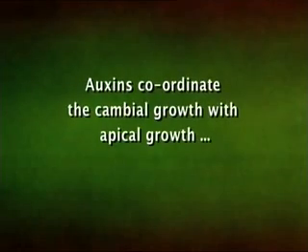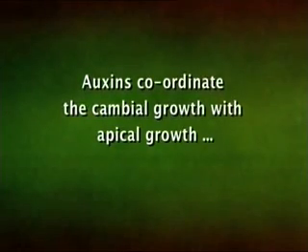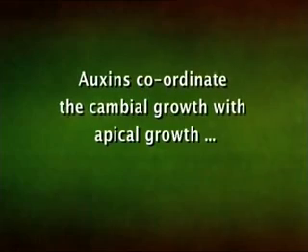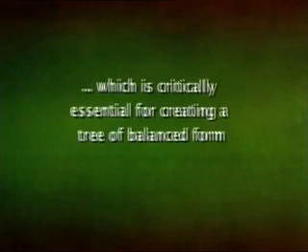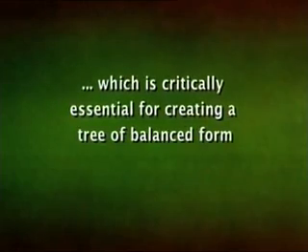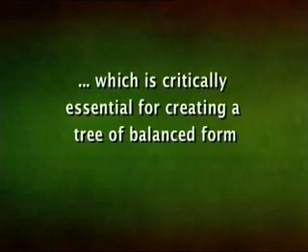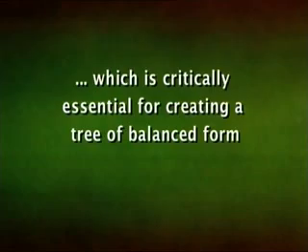Auxins are also known to coordinate the cambial growth with the apical growth, which is critically essential for creating a tree of balanced form. Auxins, in association with other hormones, regulate and coordinate many plant processes, ranging from physiological ones to regulation of growth and form.